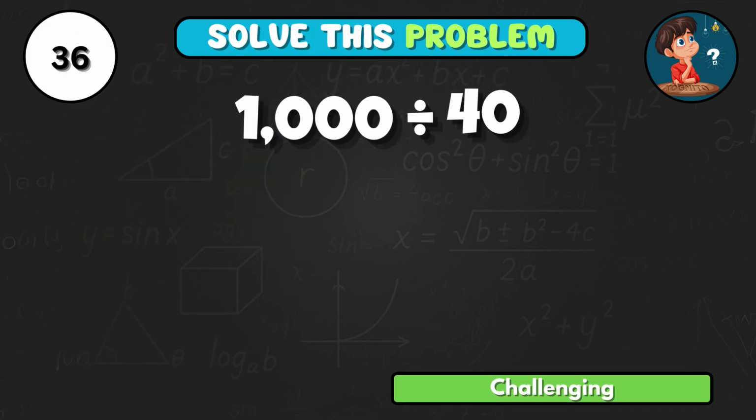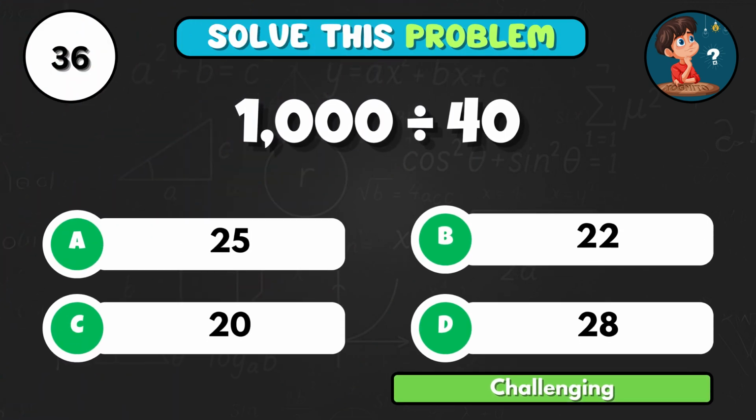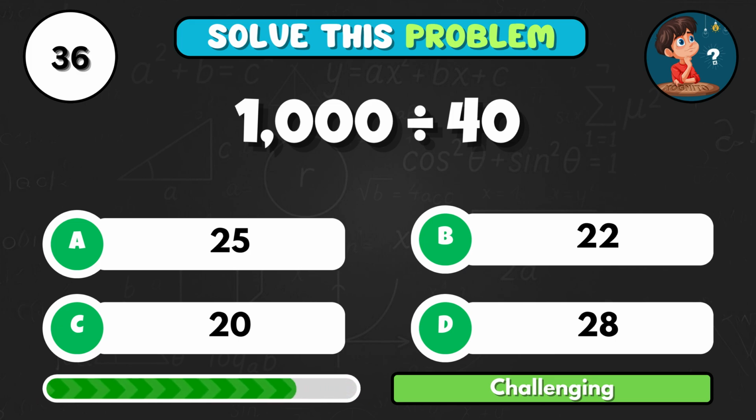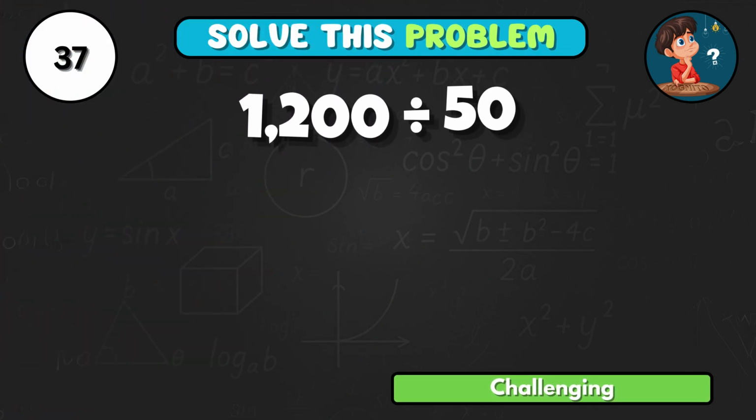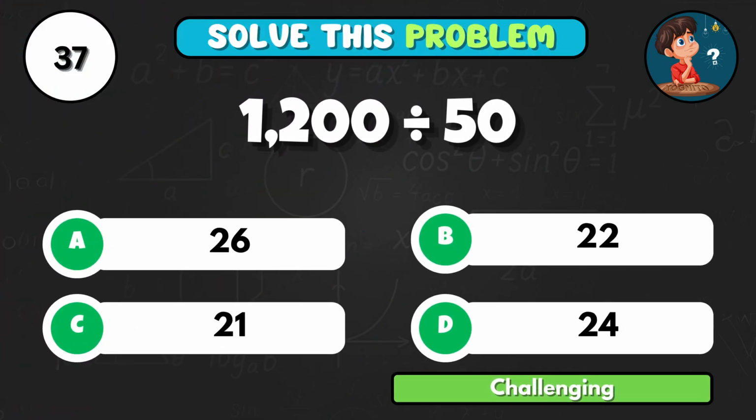What is 1,000 divided by 40? It equals A, 25. Solve 1,200 divided by 50.